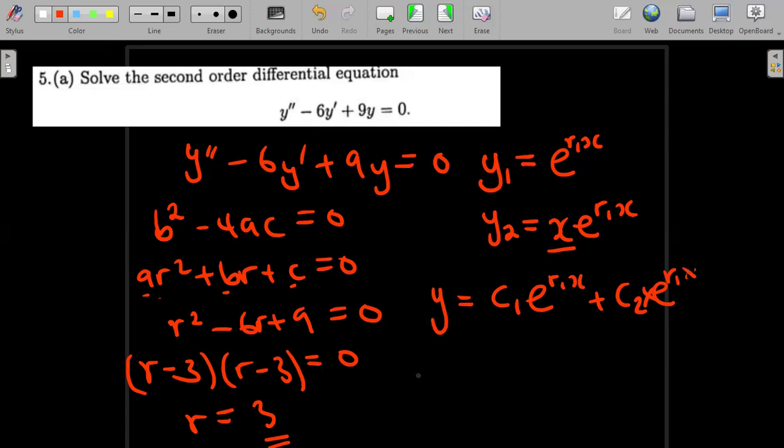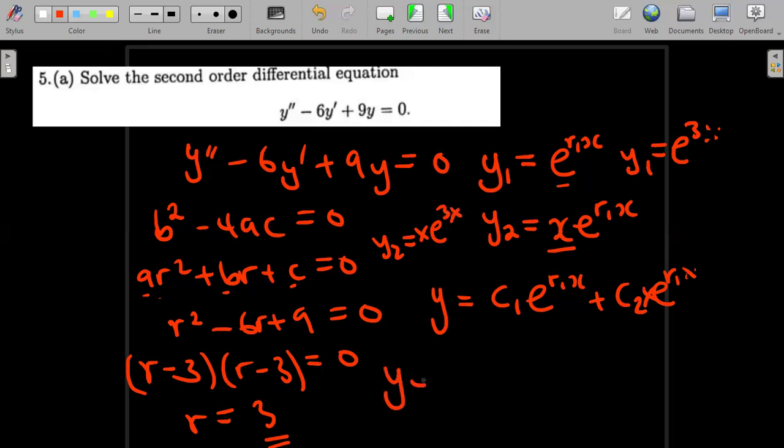Now we will replace here. We start with this part. We replace y1, which is going to be e to the power, r1 we found is 3, so e to the power 3x like that. And then the other one here, y2, is just going to be x e to the power 3x.